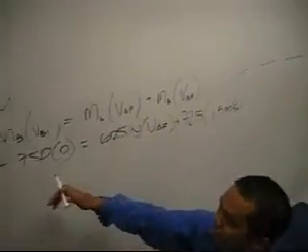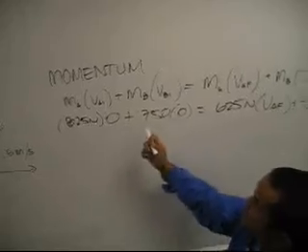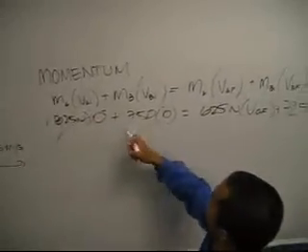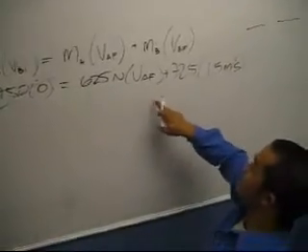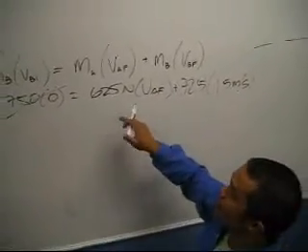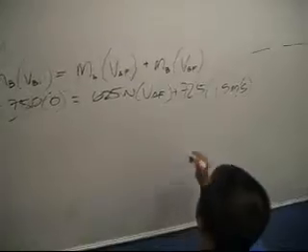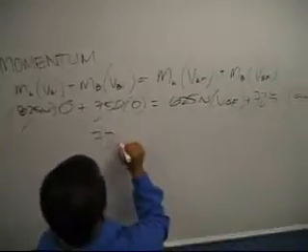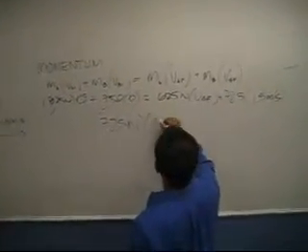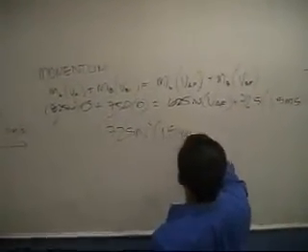If you can see right over here, these cancel out because they're zeros, so they don't really matter. So, since we're solving for V A final, which is the velocity of the girl, we're going to subtract that over, which is 725 newtons times 1.5 meters per second.